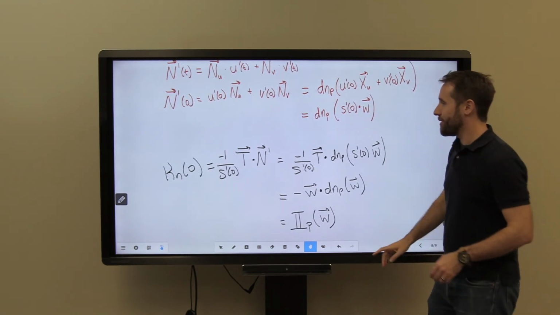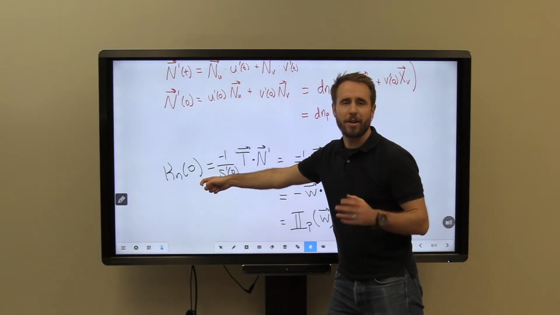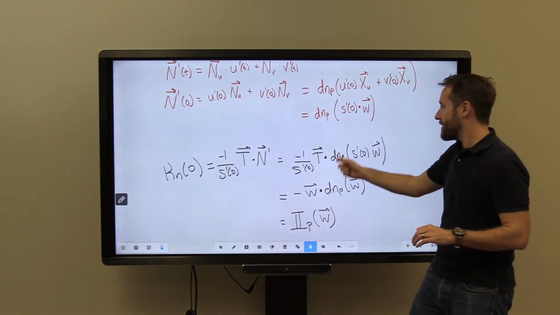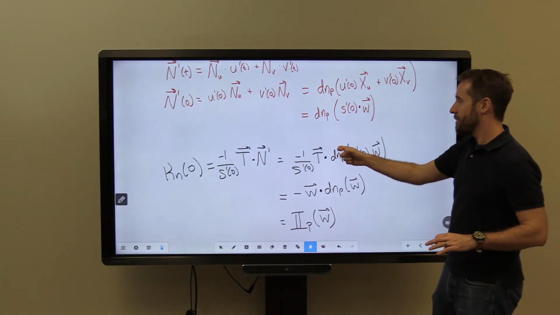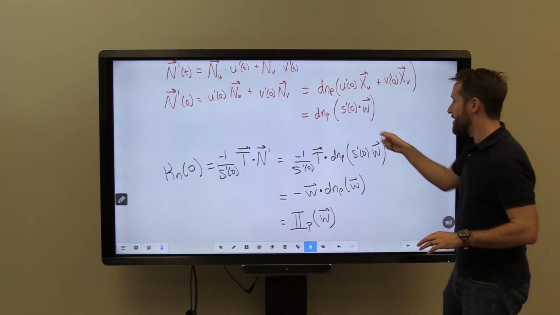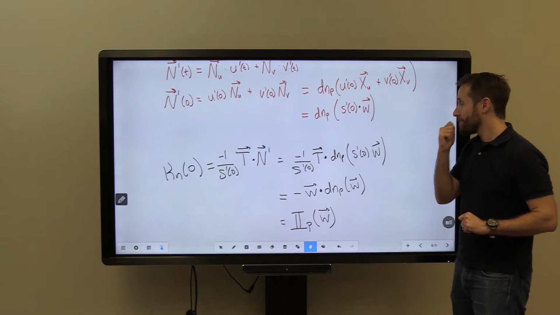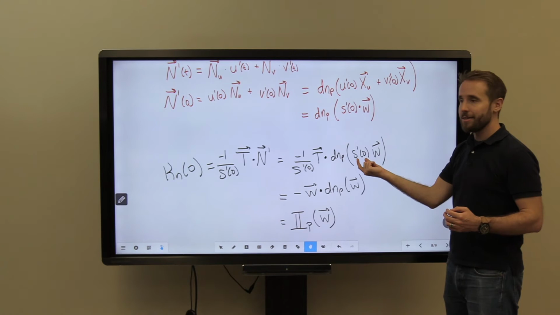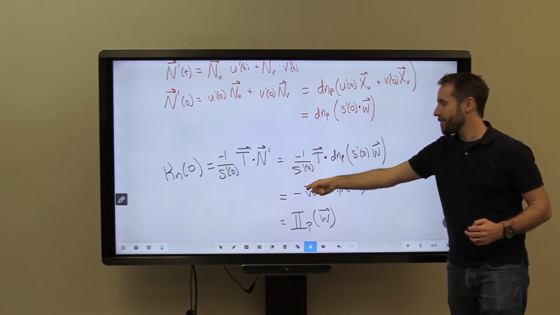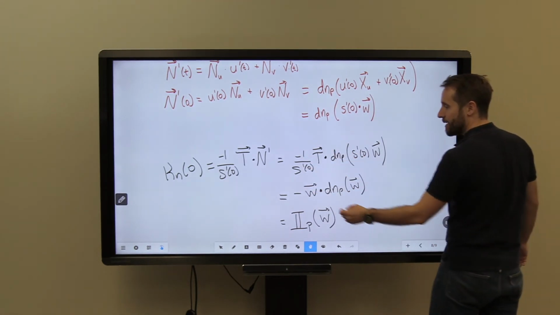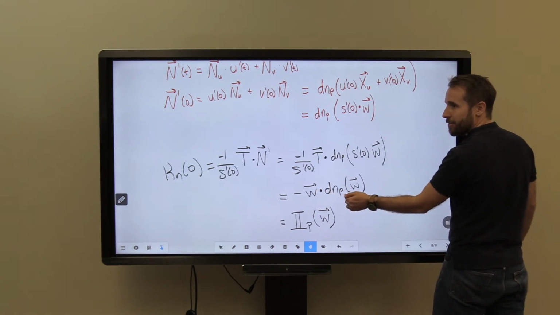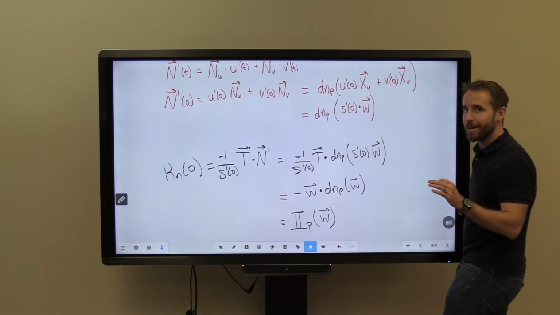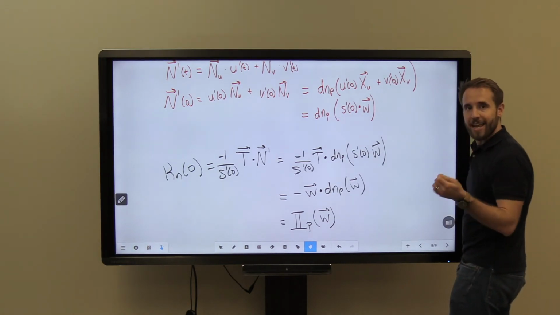So what do we get as a result? Well, our normal curvature, which was this expression, can now be rewritten as negative 1 over s prime of t dotted with this differential vector. And because the differential is linear, this constant can get pulled out front, cancel with that other constant, and we just get negative the differential of w dotted with w, because, as a reminder, w is our unit tangent vector.